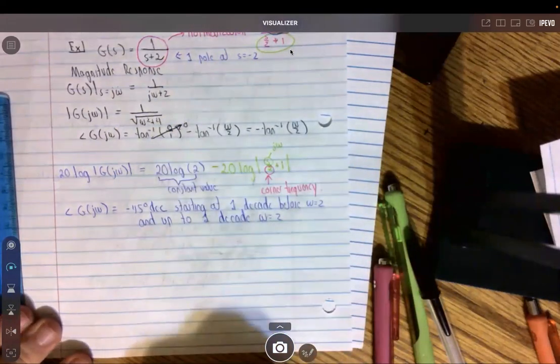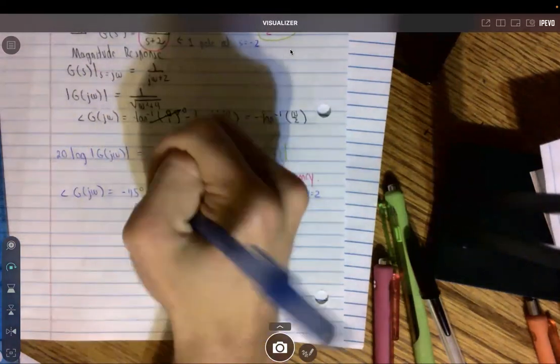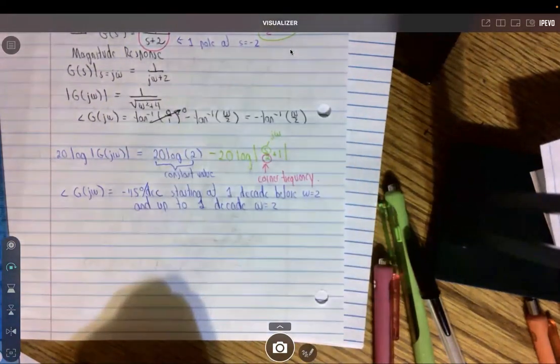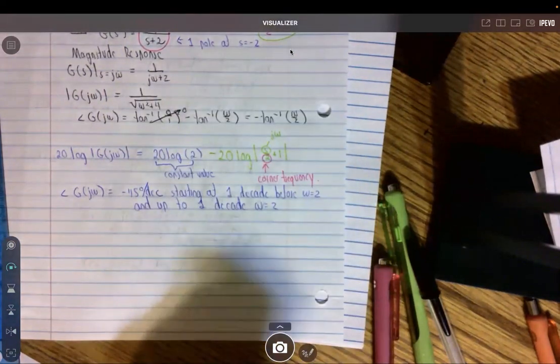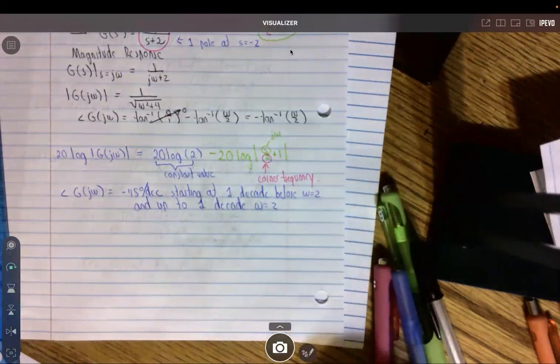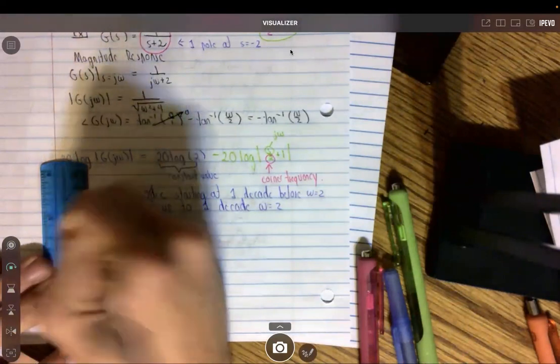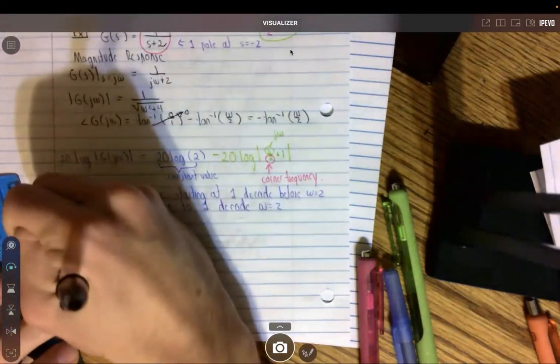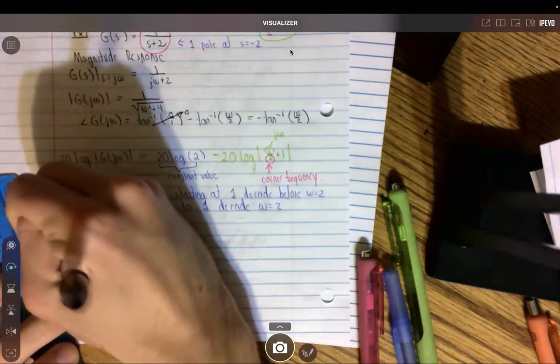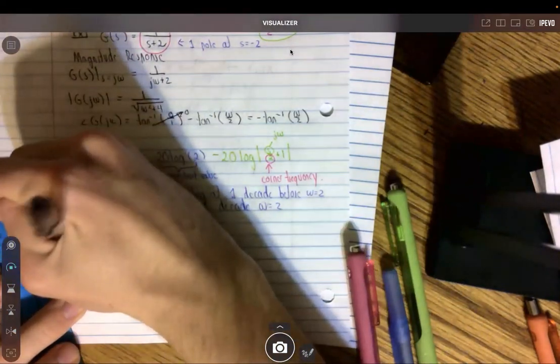So remember, each pole contributes negative 45 degrees per decade, 1 decade before and 1 decade after that corner frequency. And so now when we do the plot of the 20 log, so this is the 20 log of G(jω).